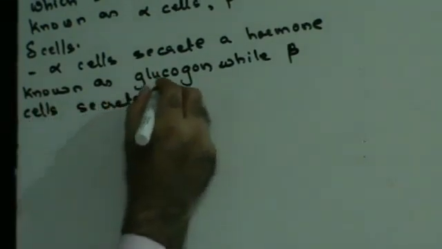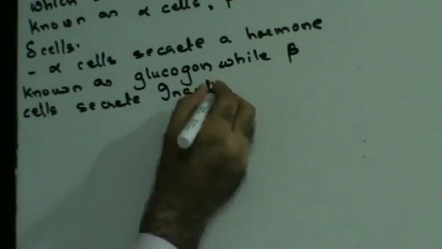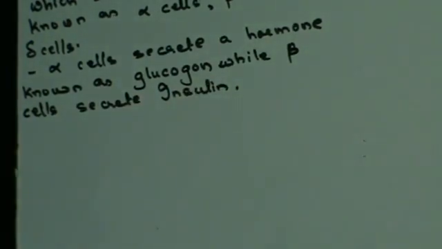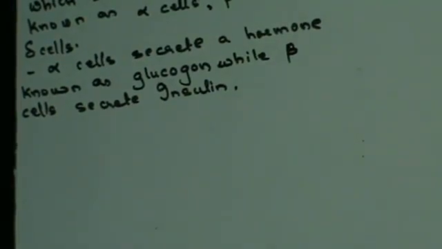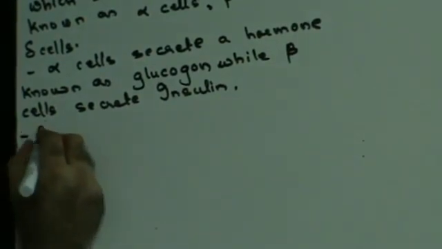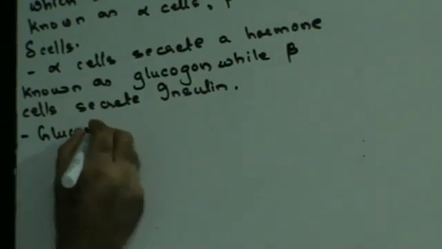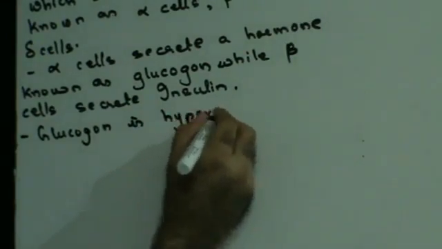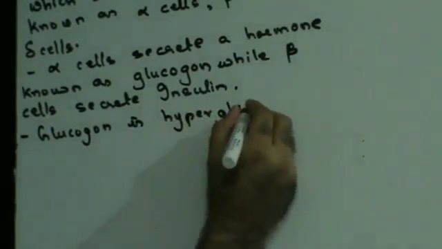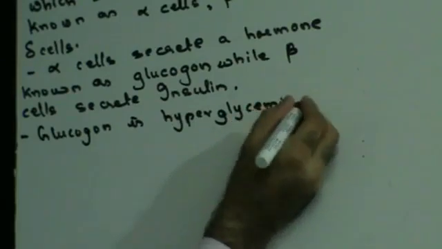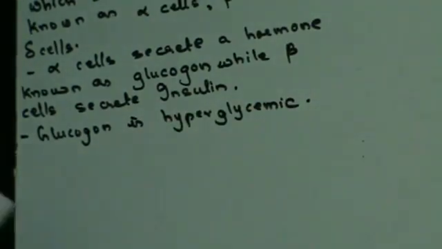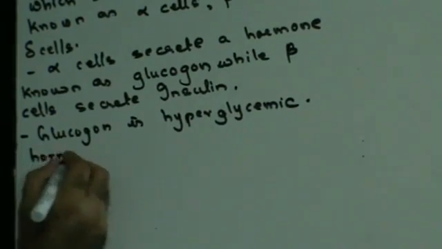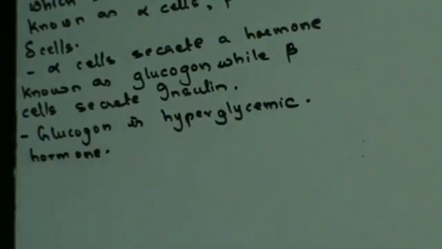Now, what does this particular hormone glucagon do? This hormone glucagon is hyperglycemic. What do you mean by a hyperglycemic hormone? It is a hyperglycemic hormone. I'll just show this.